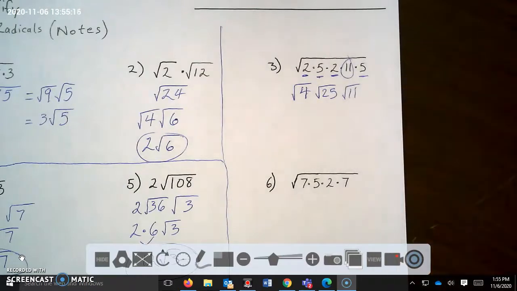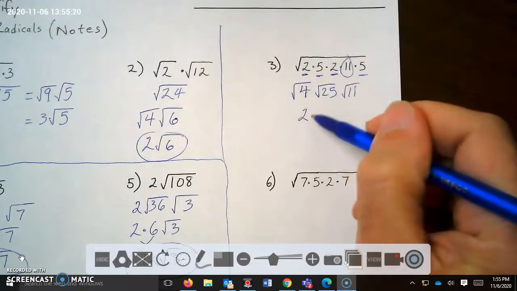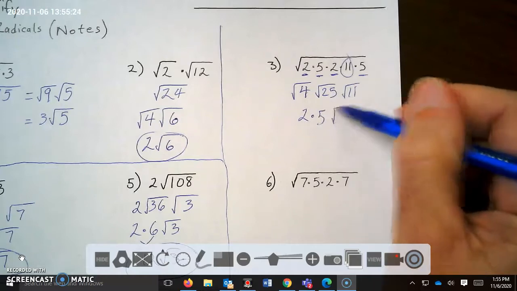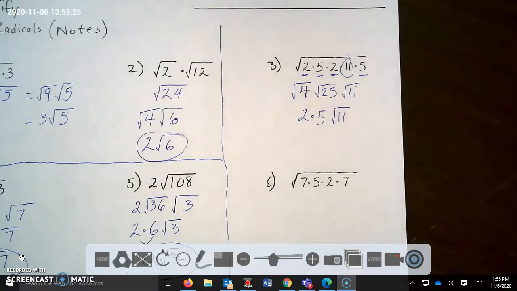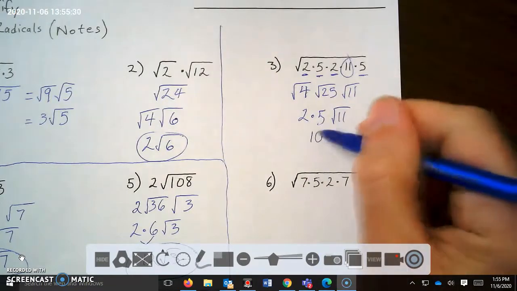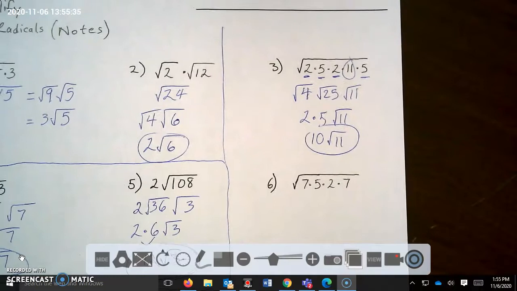So I have to keep track. So now the square root of 4 is 2. See, it's a perfect square. The square root of 25 is 5. Bring along the square root of 11. And now, since I have two numbers there, I will multiply them to get my final answer. A little different, but still similar.